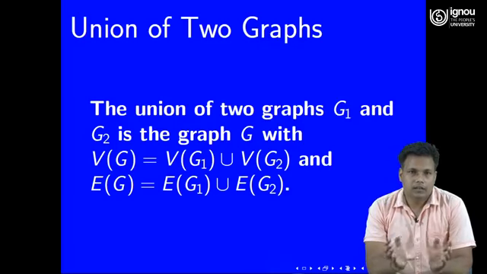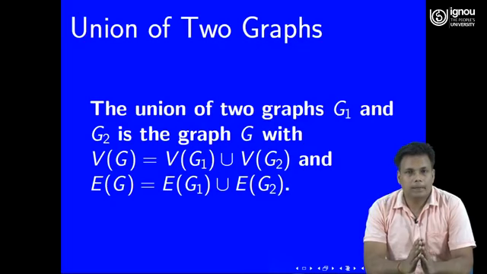That means to find the union of two graphs G1 and G2, we just take the union of their vertices as well as the union of their edges.